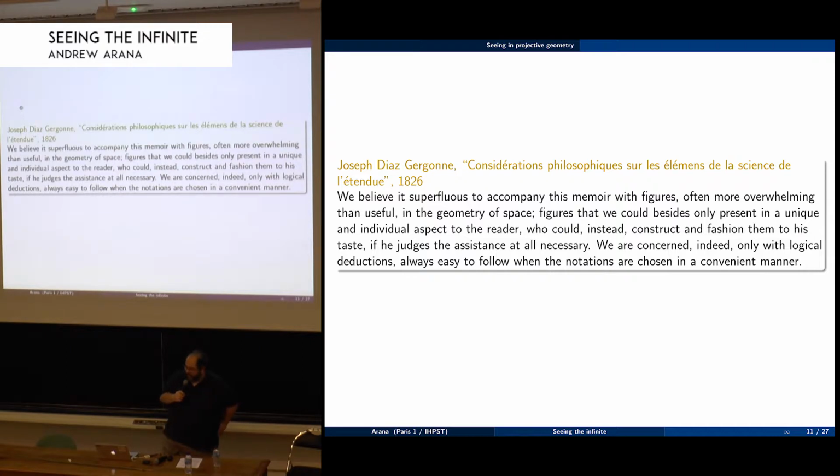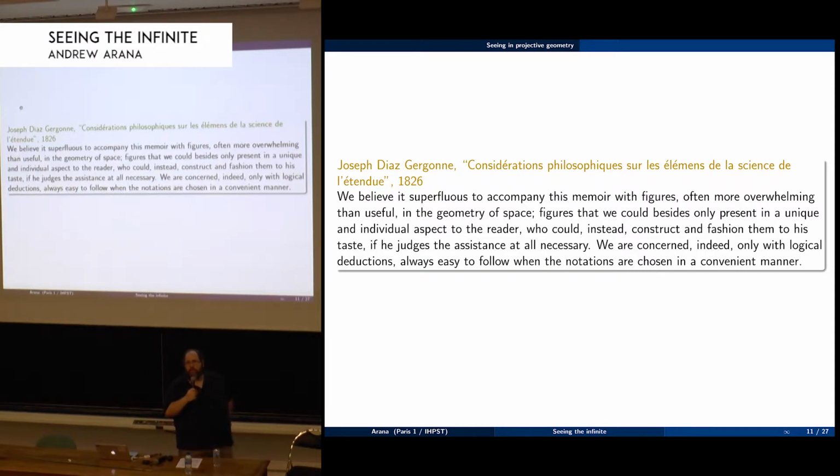We are concerned indeed only with logical deductions, always easy to follow when the notations are chosen in a convenient manner." So you note here that Gévin, who by the way is a full-fledged geometer, this is not someone who's working on problems in number theory for the most part, but he says, "We believe that to include figures was not necessary."